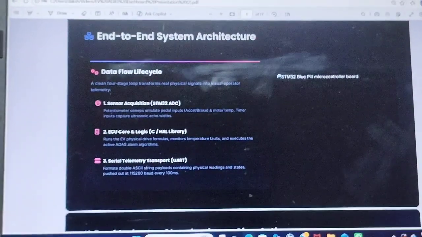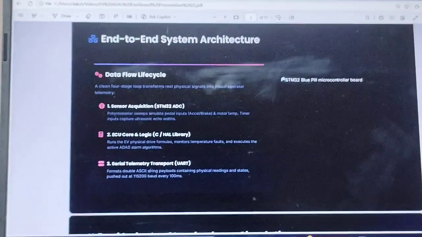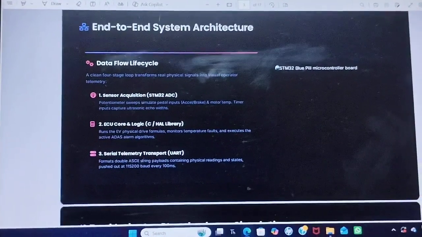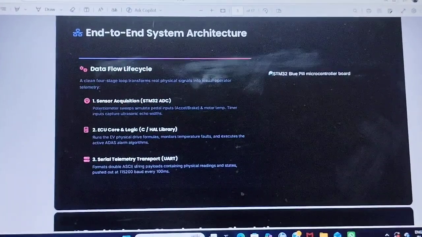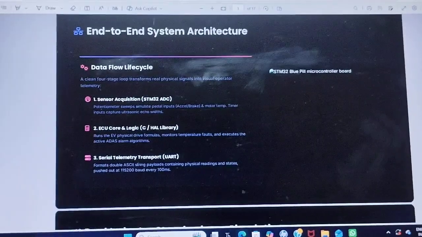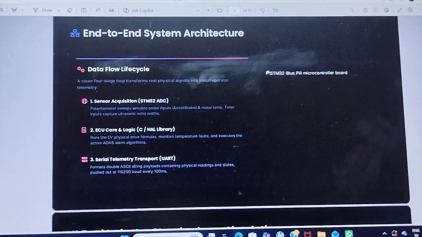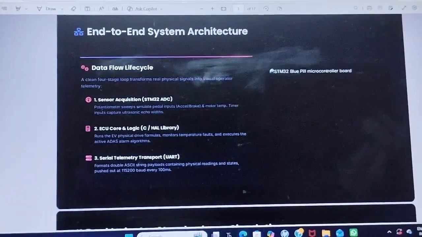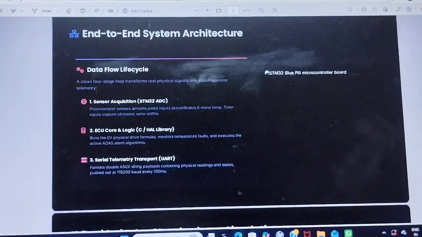Our architecture is an end-to-end system architecture. The data flow life cycle depends upon sensor acquisition, ECU core logic, and serial telemetry transfer. The sensor acquisitions are mainly STM32 ADC potentiometers for simulation, pedal inputs for accelerator and brake, and motor temperature, with timer input capture for the ultrasonic echo bits.